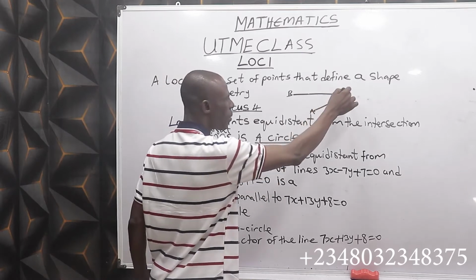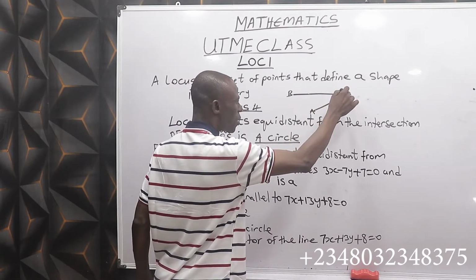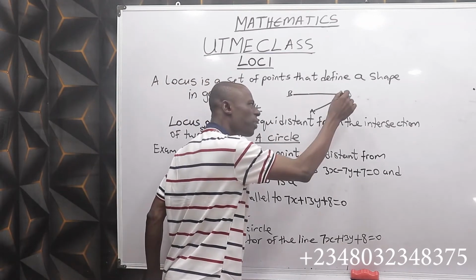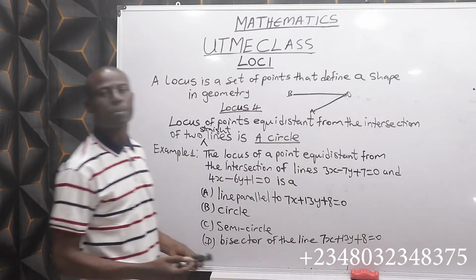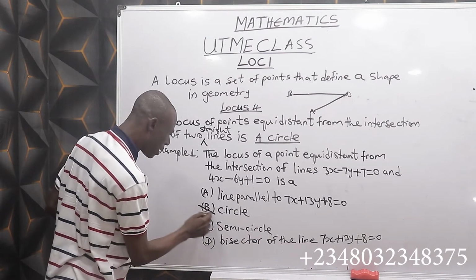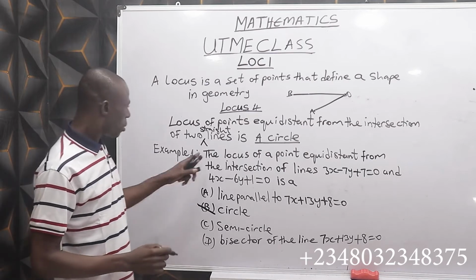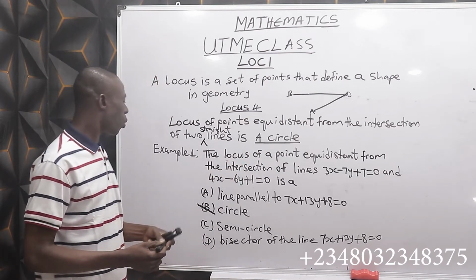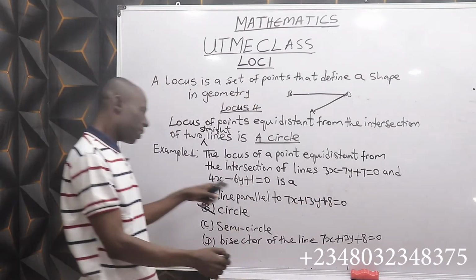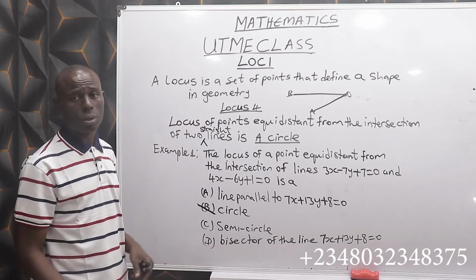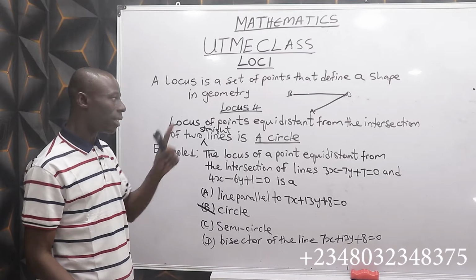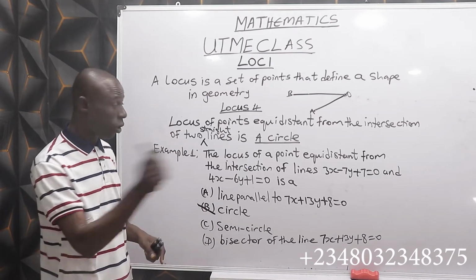Just like this point of intersection of these two lines is a fixed point. So any locus of a point equidistant from this fixed point will be a circle. Do you understand? So the answer here is a circle. So just master it, and anytime you see it in the exam, knock it down.